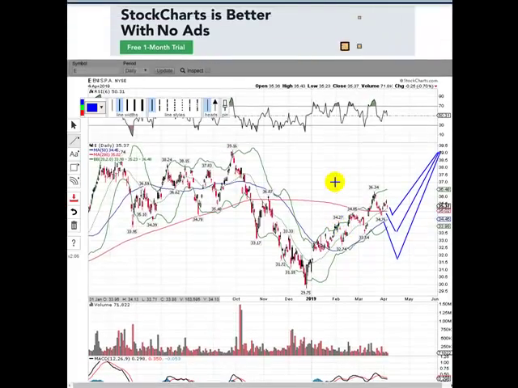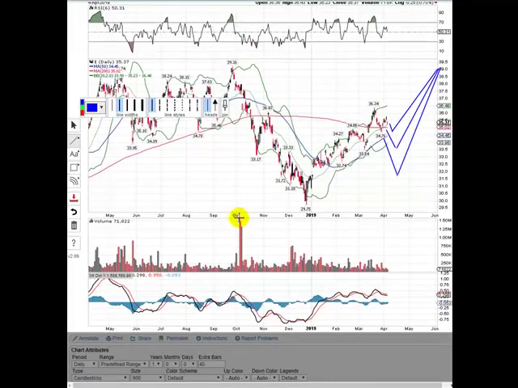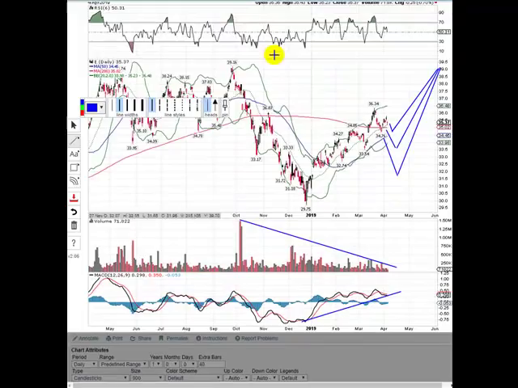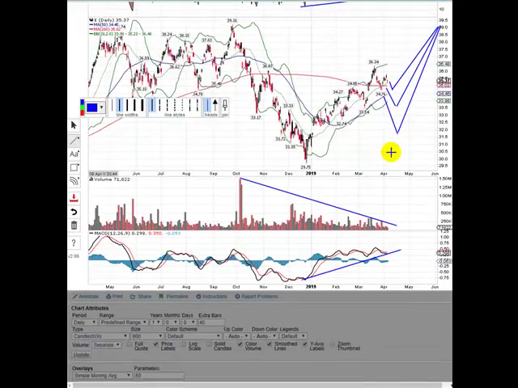So that's always a possibility. Some things I like about it are the selling volume is abating. The MACD is continuing to strengthen. The RSI is continuing to strengthen. So lots of good signs there.